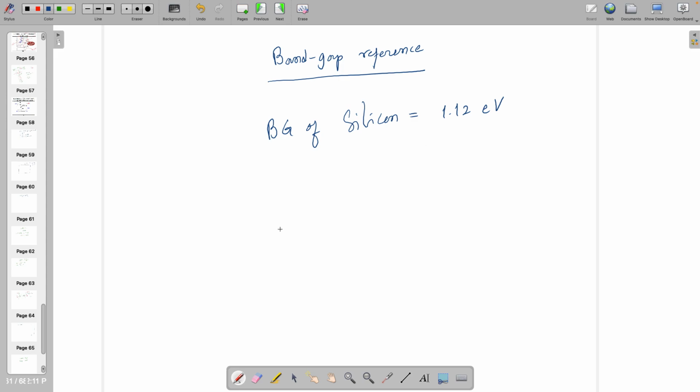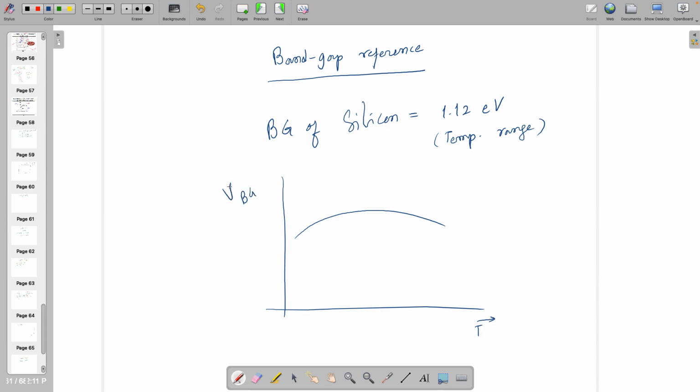And by the way, this particular band gap voltage is stable even over a large temperature range, something like this. Given temperature, the band gap voltage of silicon, if we go from, let's say, minus 42 to plus 125 degrees, there is minimal variation. That is the band gap we are talking about.